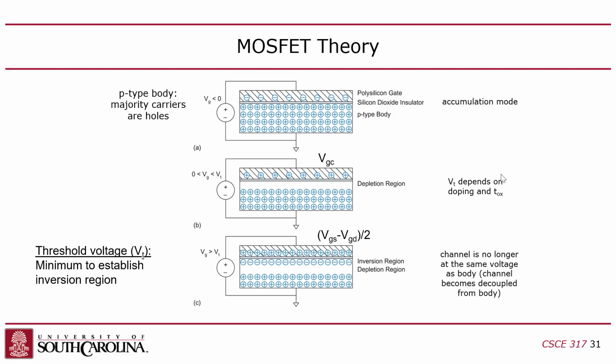Now you might say, well, what voltage is it at then? What is the voltage of the channel, is the question. Because remember, the capacitor voltage is the voltage of one side relative to the other, but now the bottom part of the capacitor is its own thing. How do we figure out what the voltage is?